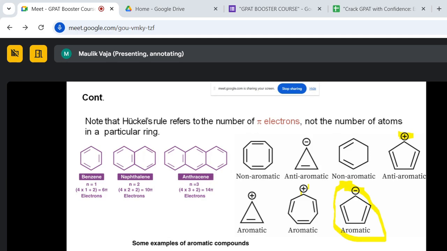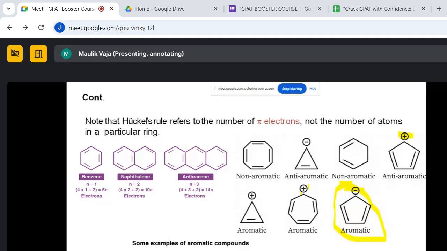For any compound to be aromatic, it should follow four criteria. It should be cyclic, planar, and contain a conjugated system of double bonds. And the fourth is that it should follow Huckel's rule.